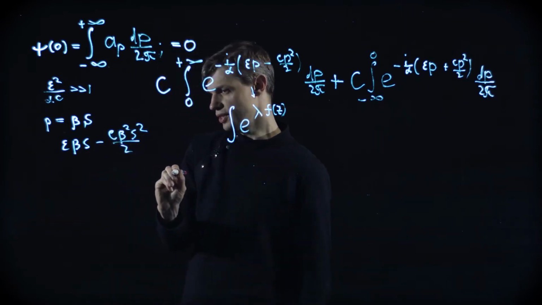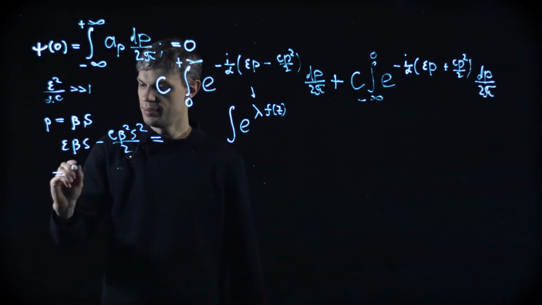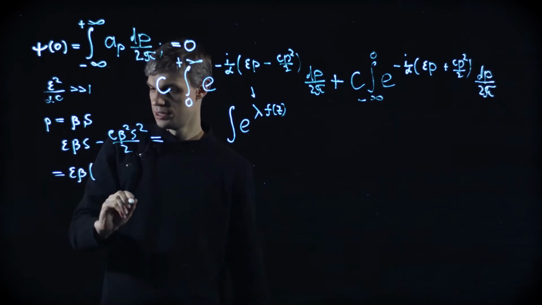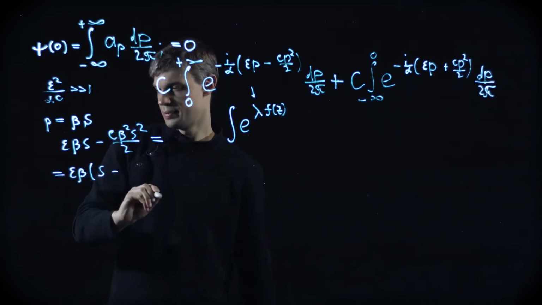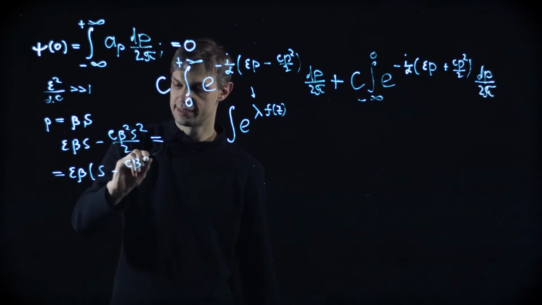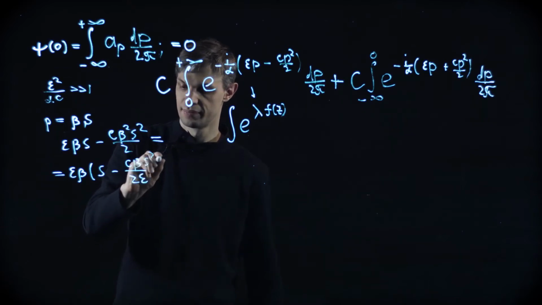All right, so in order to factor out everything, we first factor out epsilon beta to get c minus c beta s squared over 2 epsilon.